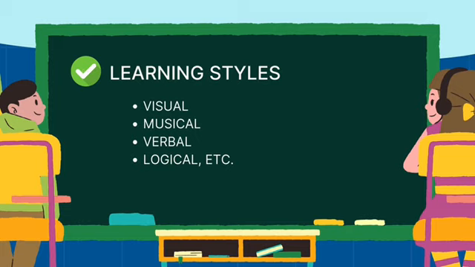Learning styles refer to a set of psychological traits that determine how individuals perceive, interact with, and respond to their learning environment. Again, these styles can include visual, musical, verbal, logical, and the others.